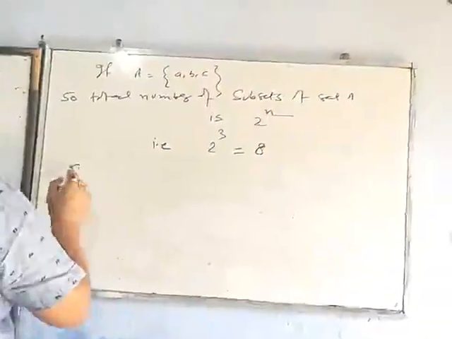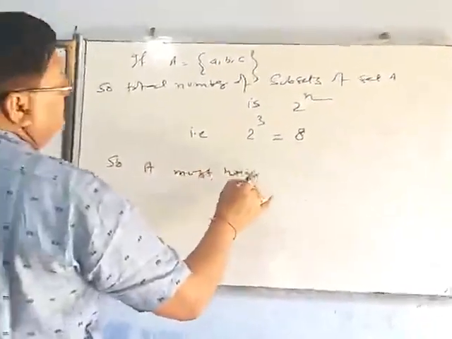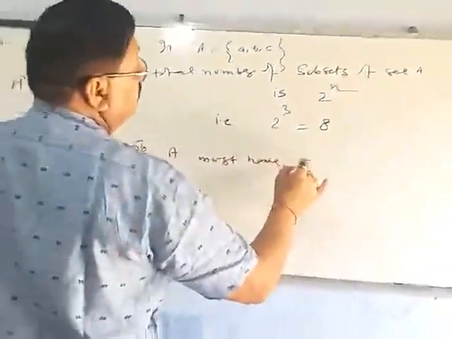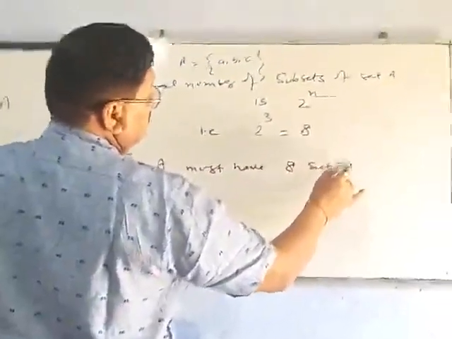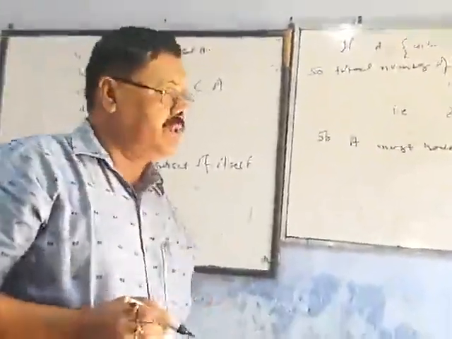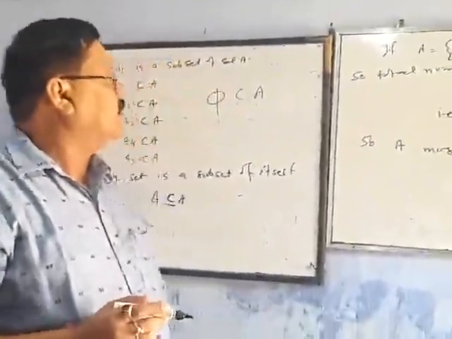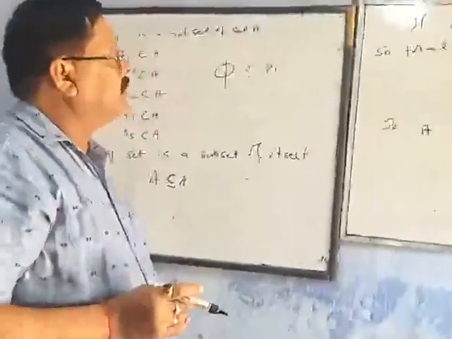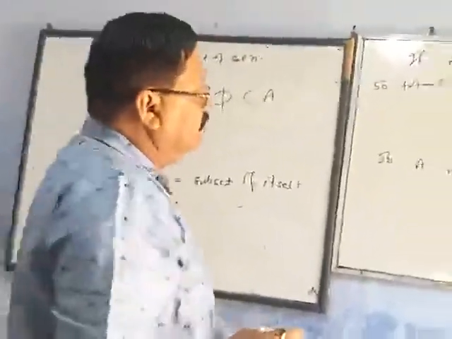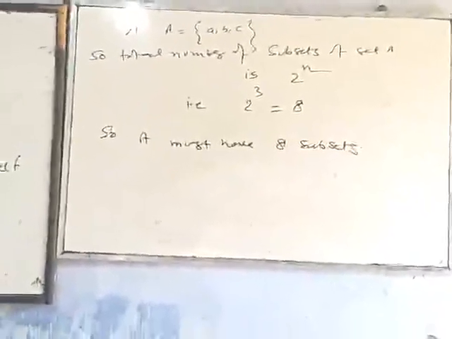So A must have 8 subsets. It is a formula by which we can find the number of subsets of a finite set. Now, this is the concept of subset.